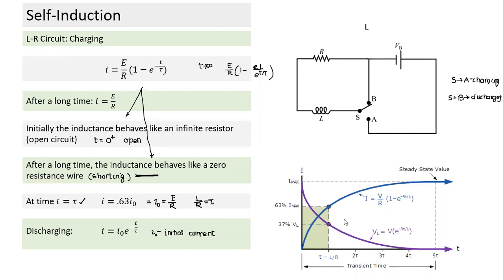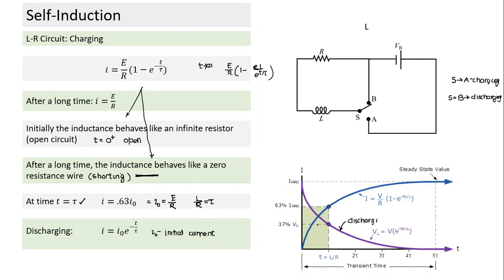If this is the maximum current, which is E by R, at time equal to tau it will be equal to 63% of the maximum value of current. And this is how the potential will be. The potential will drop exponentially. And actually, the same curve will follow in case of discharging. Discharging current will be like this.